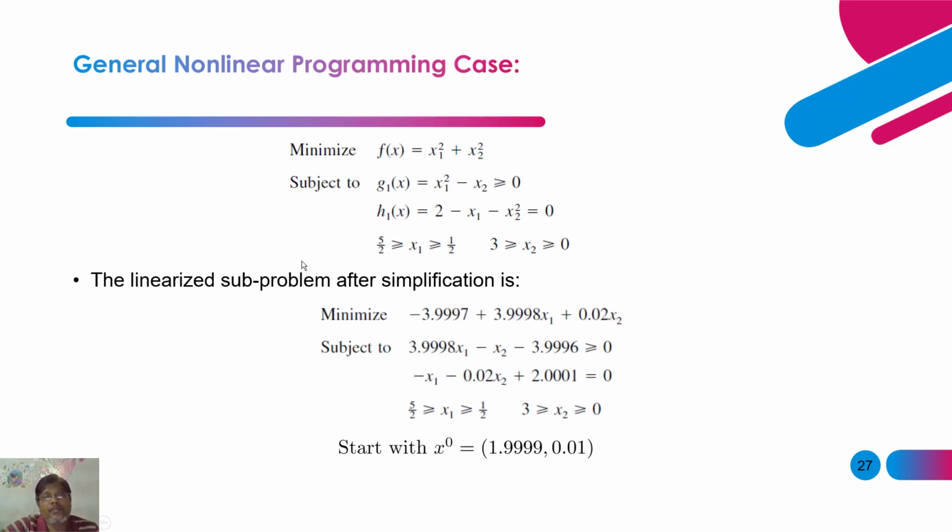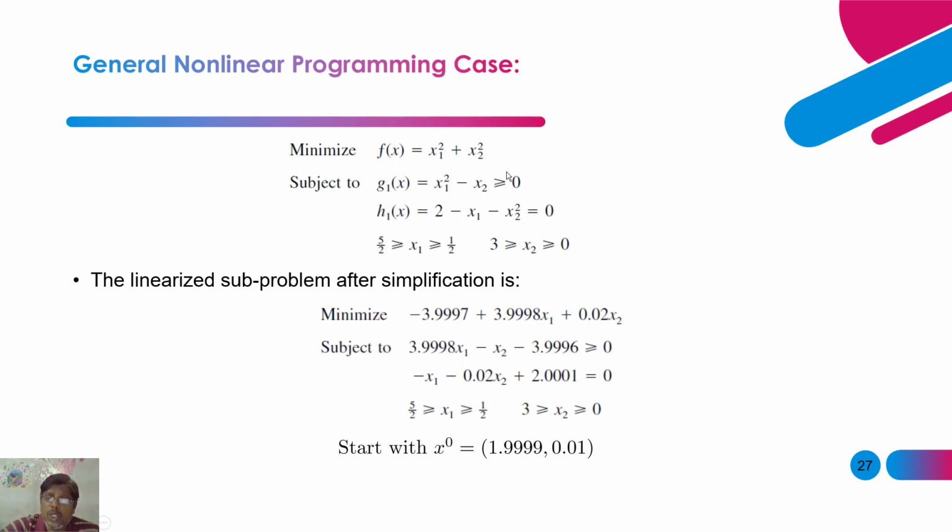So you can see how this goes again, with the functions x1 square plus x2 square, here x1 square minus x2, and next one is x2 square. From this you can understand that these functions are definitely higher order functions. So my objective function is non-linear, and my constraints are also non-linear.